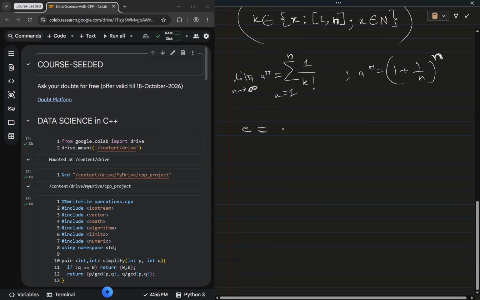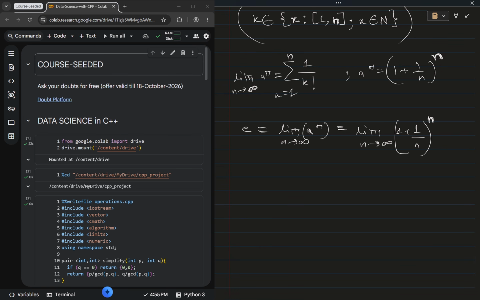The named irrational number E has the value limit n tending to infinity of a to the power n, which is basically the limit n tending to infinity of 1 plus 1 by n, to the power n. Where obviously you know that your n over here is a natural number.